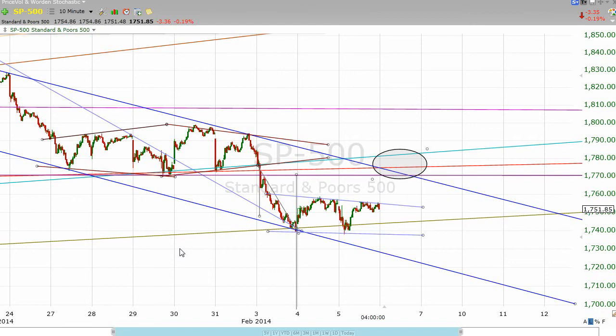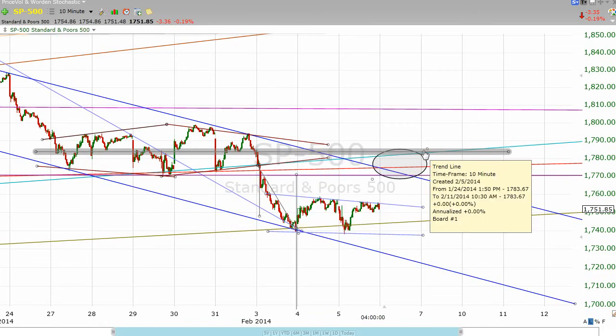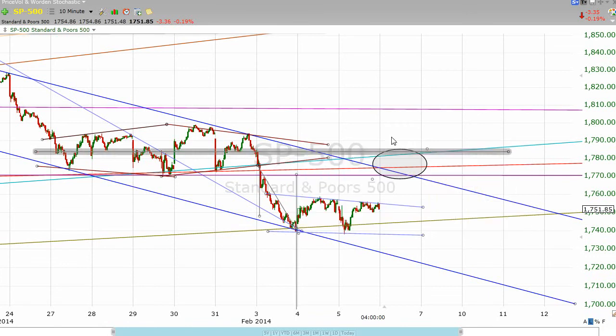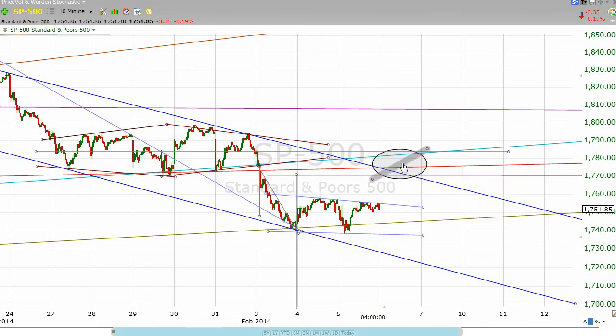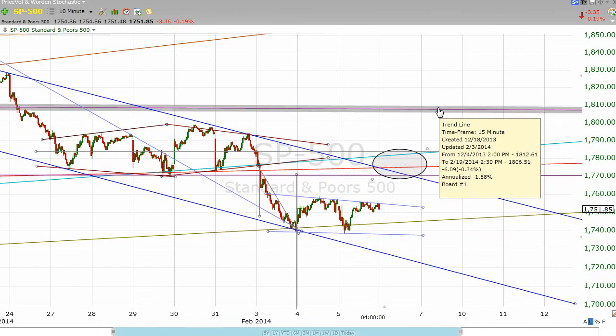And really, if you want to get really bearish about it, you've got your midline here in this diamond pattern that also should be resistance. So if the S&P can plow through this, I would be absolutely amazed. If it can do that, it'll probably get through this line here at 1808 as well.